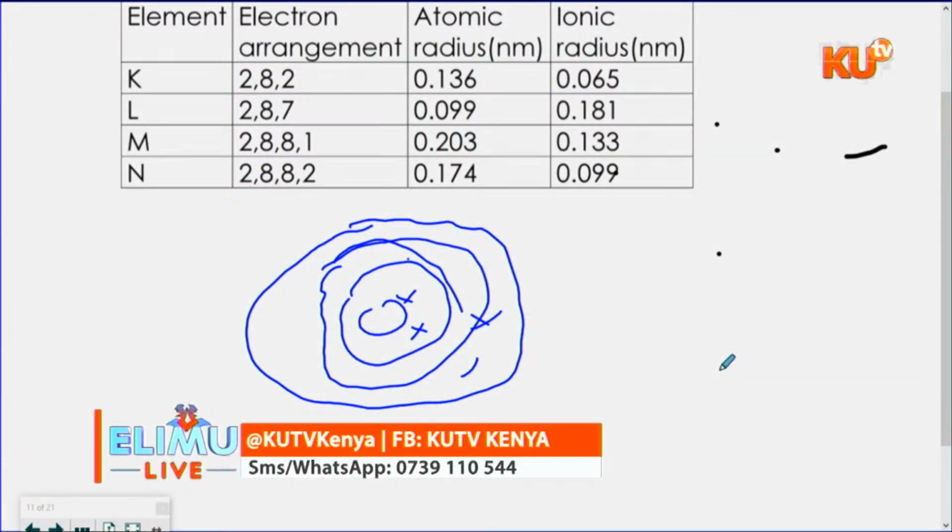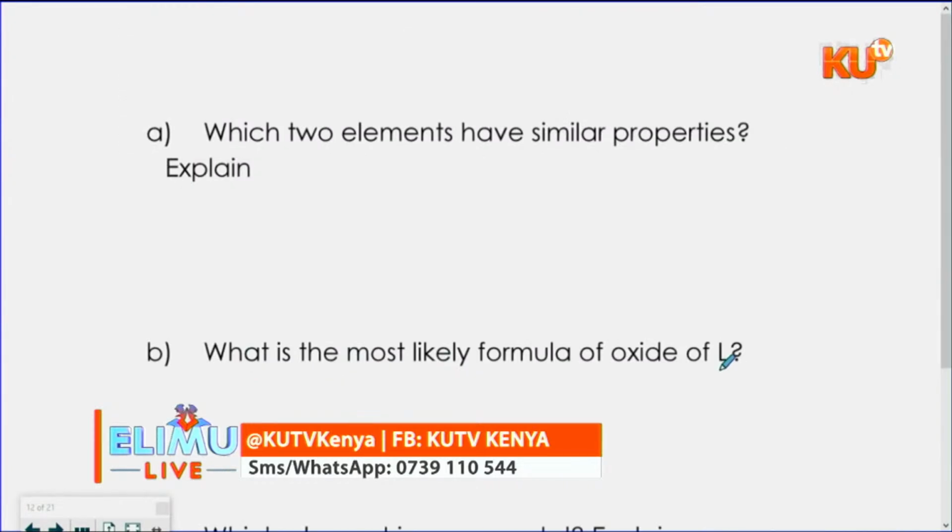So which elements are in the same group? That's elements K and N. Reason: they have 2 electrons in the outermost shell. So the answer to that question, you just put those elements K and N.